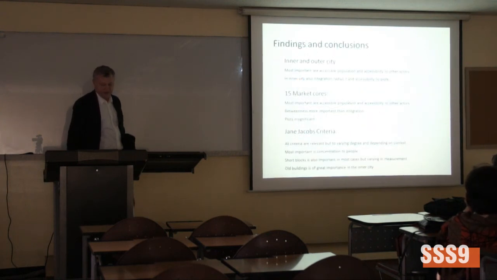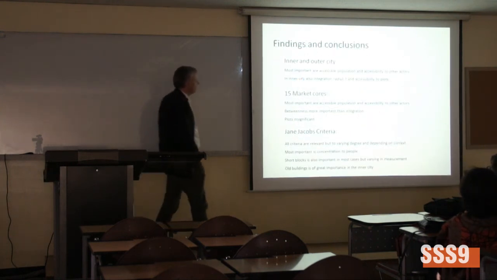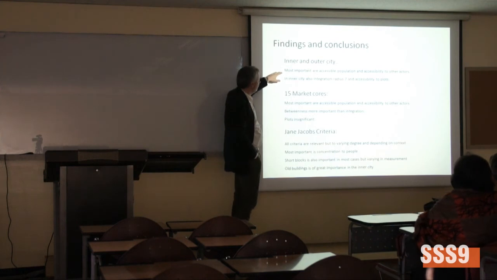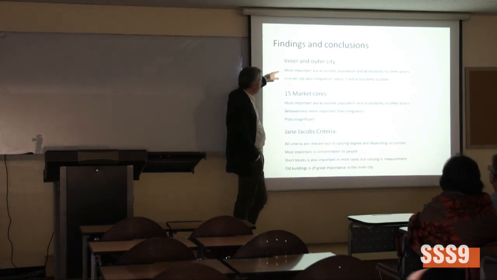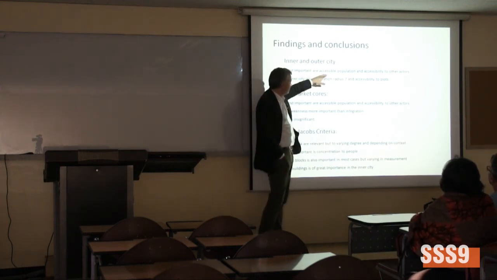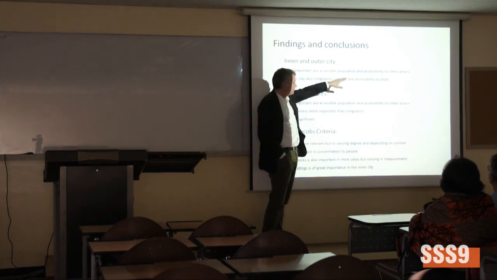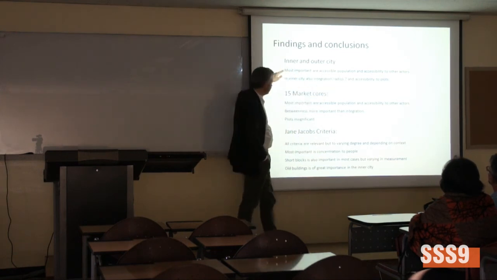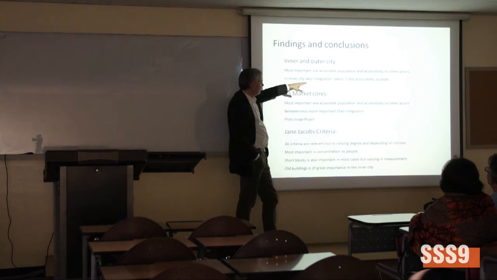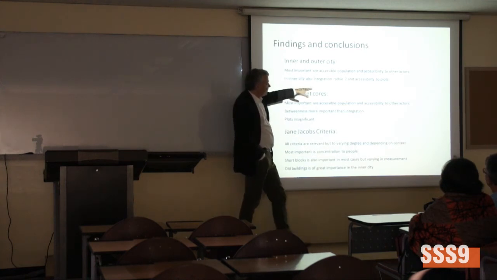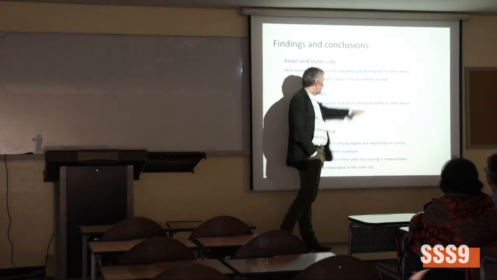So, finally, going back to findings and conclusions. For the inner and outer city analysis, the most important variables are accessible population and accessibility to other actors, as I already said. In the inner city, integration at radius 7 is also important, and also accessibility to plots.